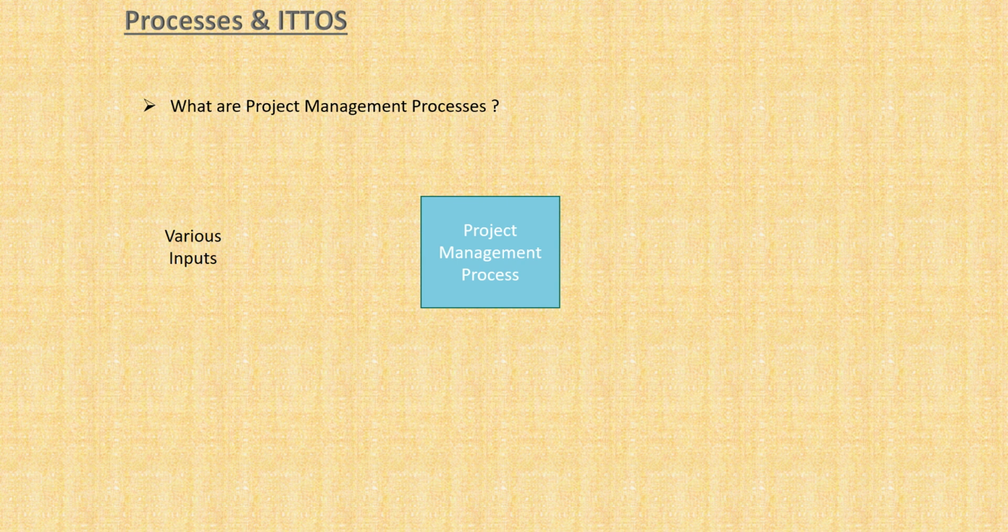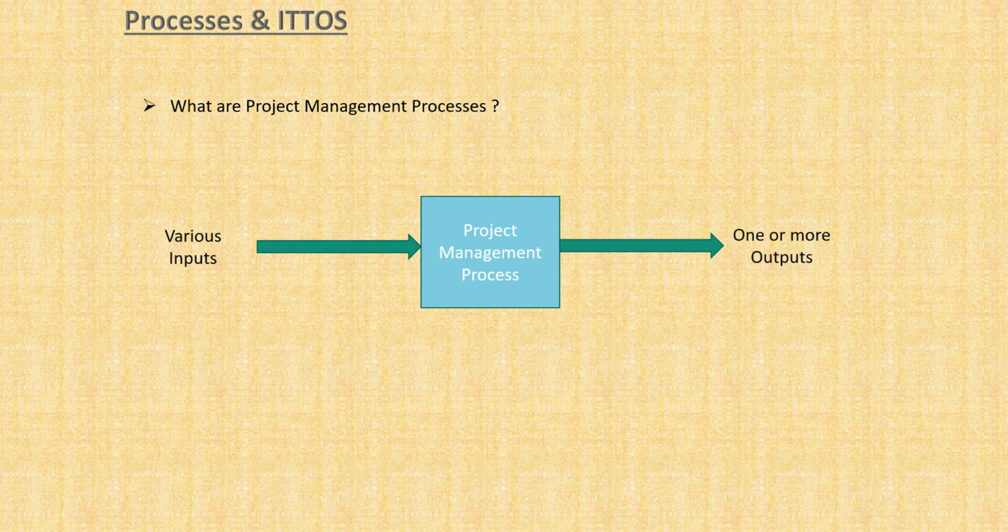These inputs may be anything which may be required to perform the activities done as part of these processes. Right? So they will take the inputs, then they will produce some outputs.